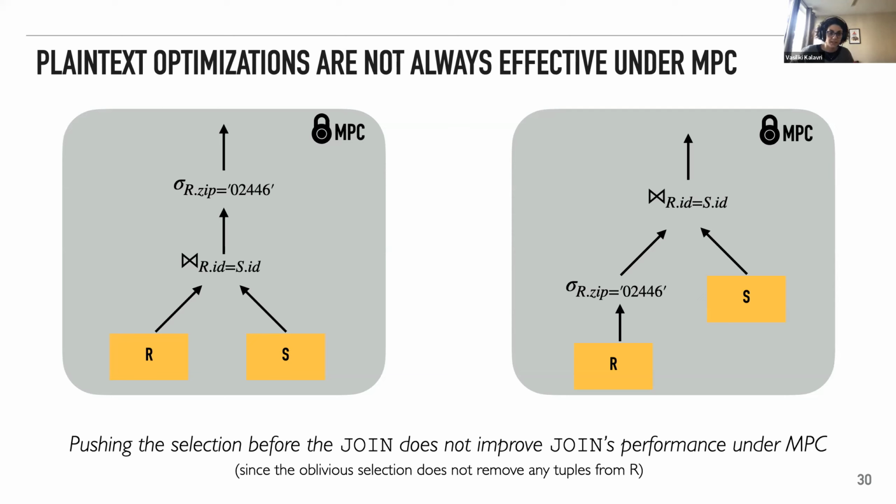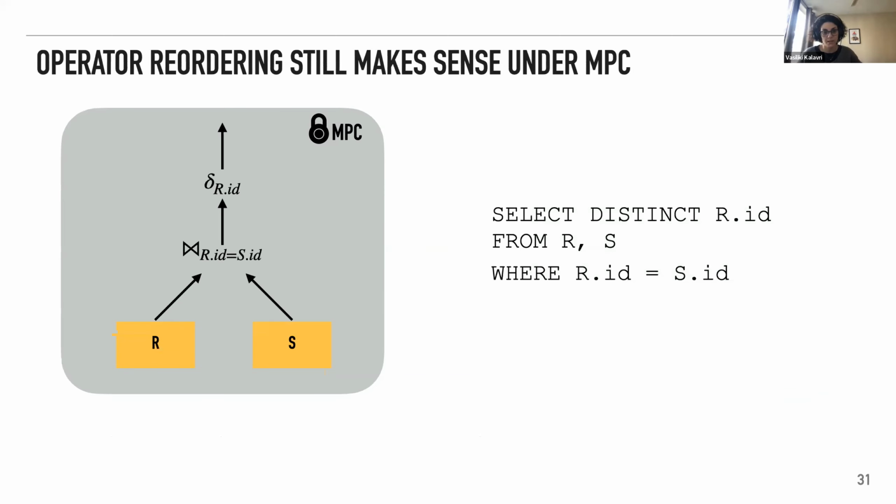So we started looking into different database optimizations to understand which are meaningful under MPC and which are not. And we found some of them that are effective. For example, reordering a join and a distinct operation is effective under MPC.